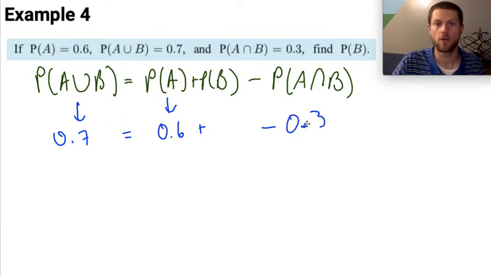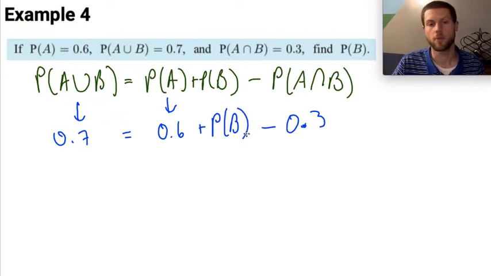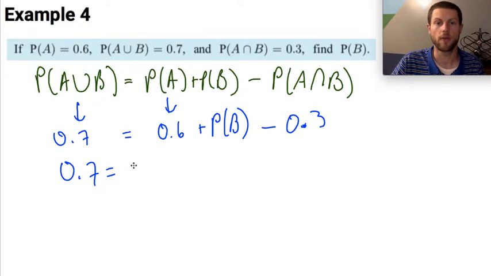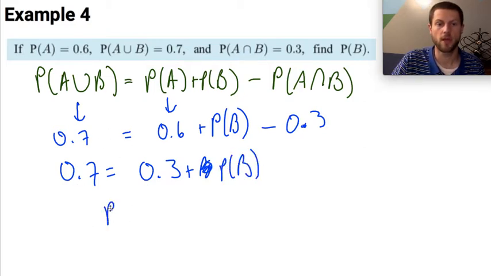And the unknown is still the probability of B occurring. At this point, it becomes a little bit of simple algebra. So 0.7 is going to equal, combining these terms, 0.3 plus the probability of B. I subtract 0.3 from both sides. The probability of event B occurring is equal to 0.4.